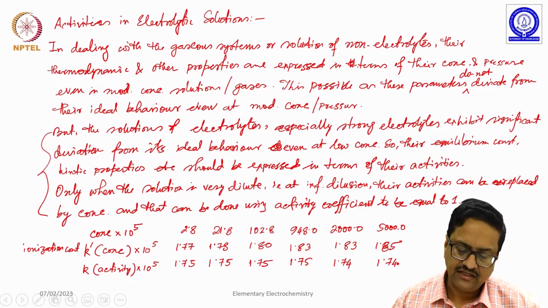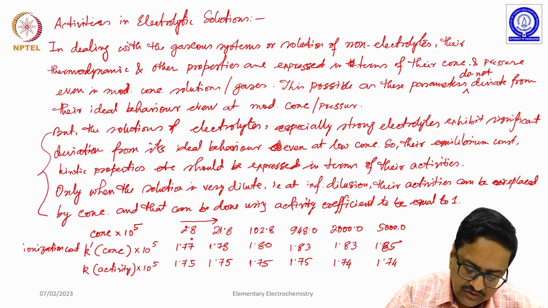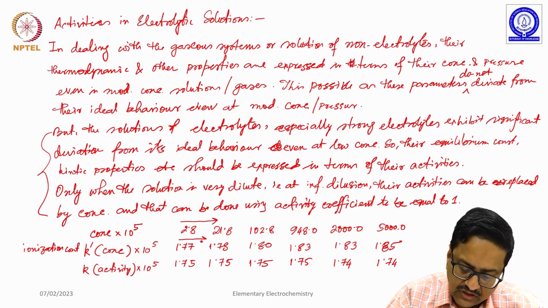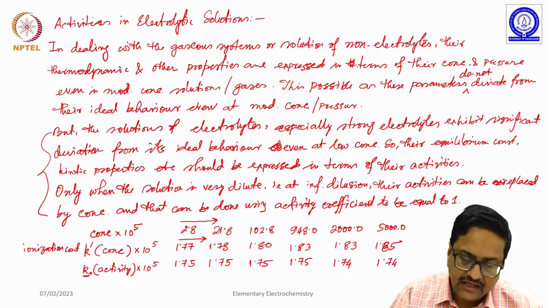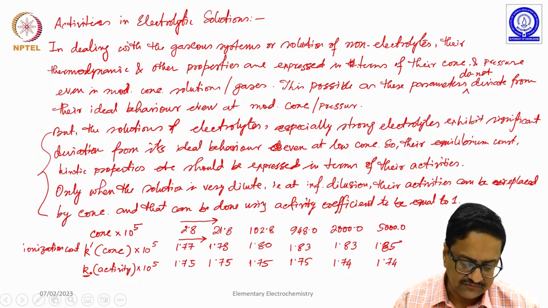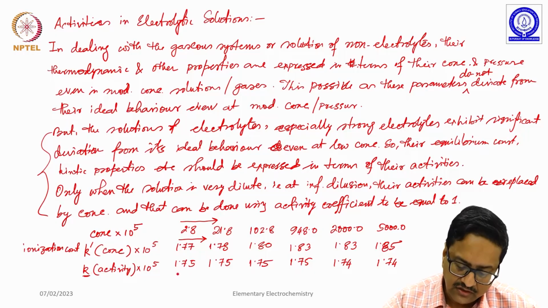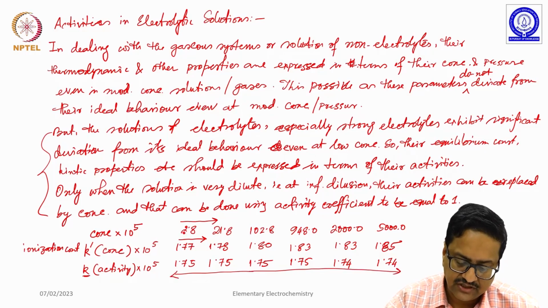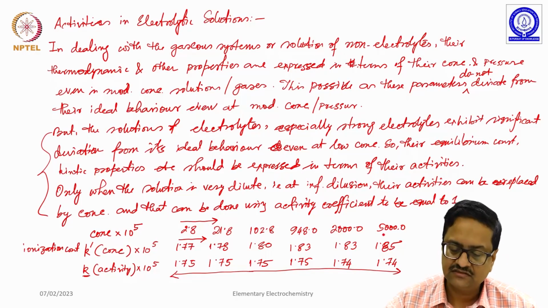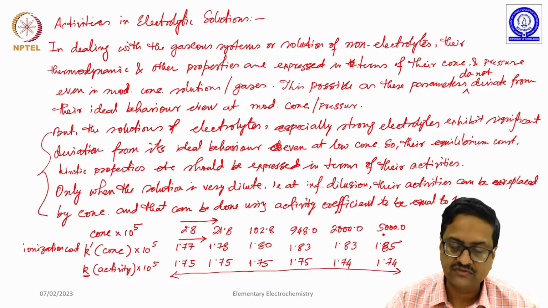So, what we see is that with increase in concentration, the value of K prime increases from lower concentration to higher concentration, whereas the value of K, that is the ionization constant in terms of activity, remains the same throughout the range of concentrations. You can understand the difference between 2 and 5000 is an order of 25,000 times.